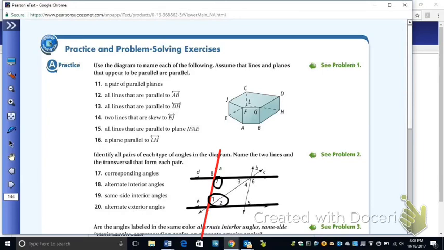But 1 isn't created by E and A, it's created by A and C. So because they're not on the interior of the same line, they're not technically same side interior angles.